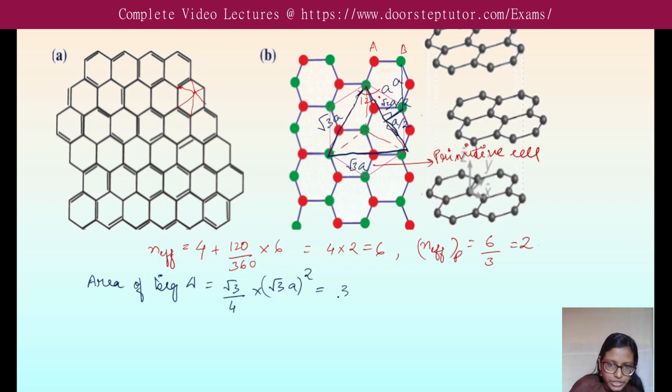So we get this equal to 3 root 3 upon 4 a square. And the area of this small triangle will be equal to half into base into height.